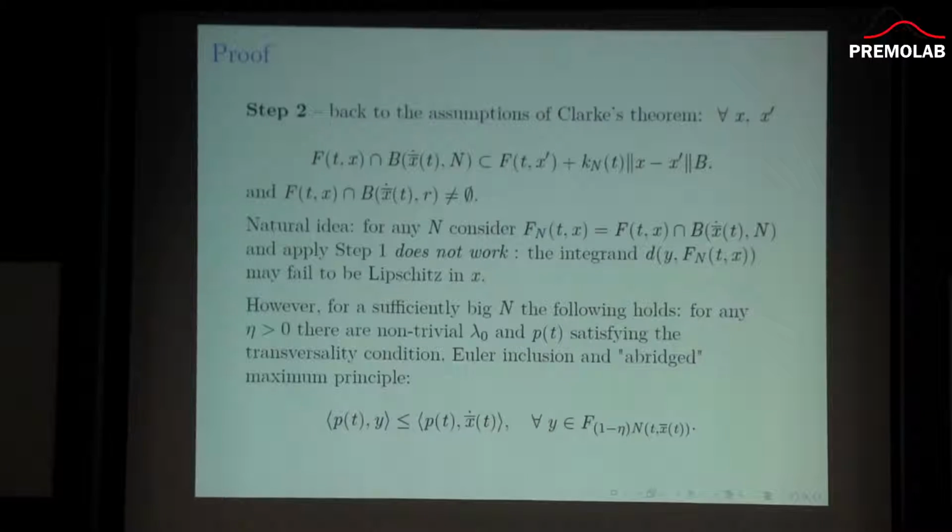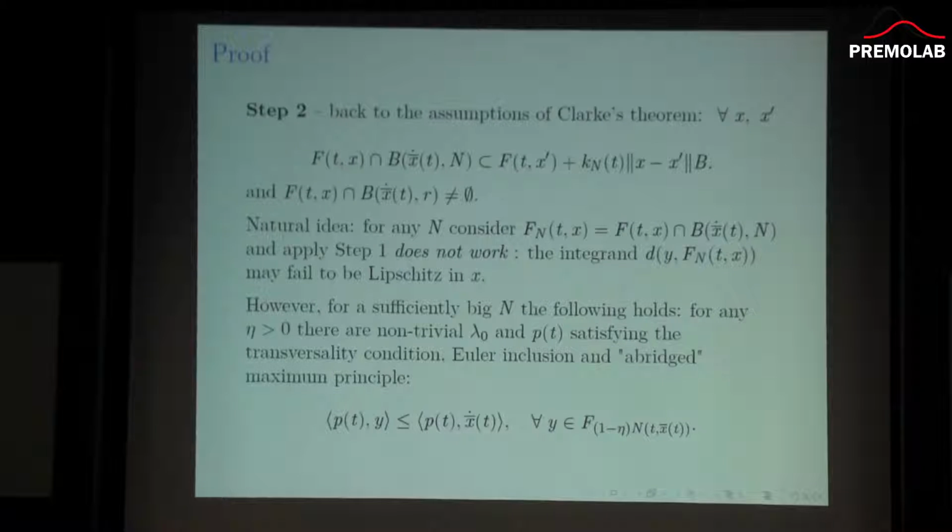So the point is that it doesn't work. It doesn't work because the function phi that I wrote earlier, if we put fn instead of f there, may not be Lipschitz.